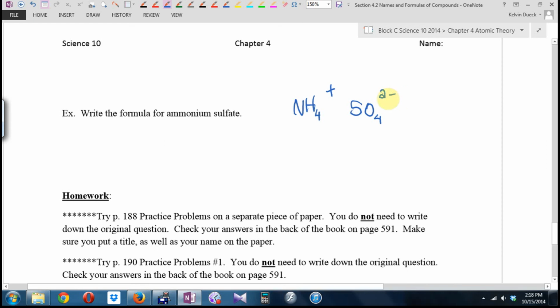Now, Courtney, we're going to crisscross. There and there. So I'm going to write NH4. How many NH4s do I need? Brackets, 2 of them.